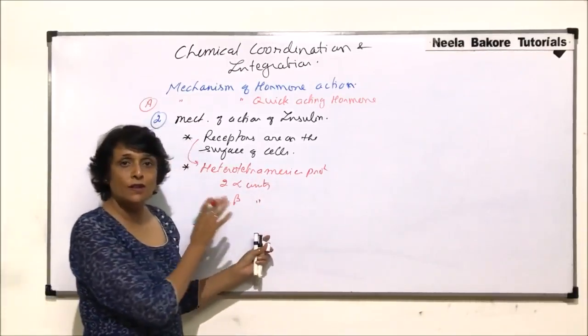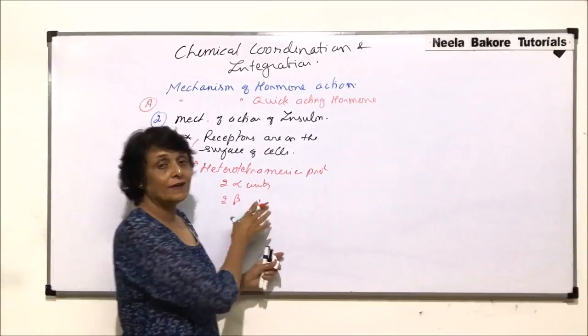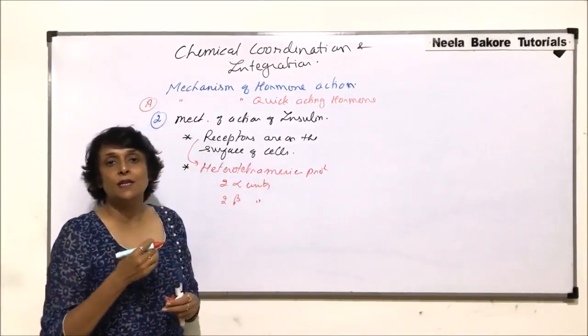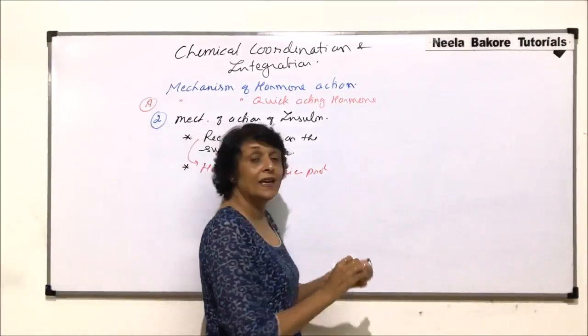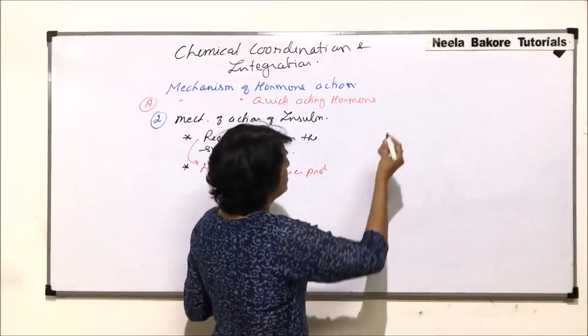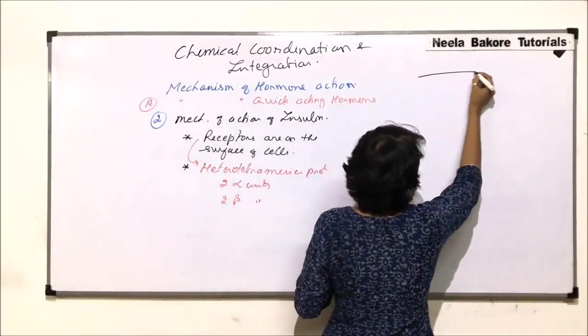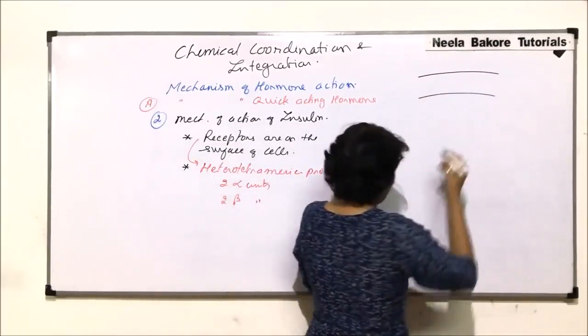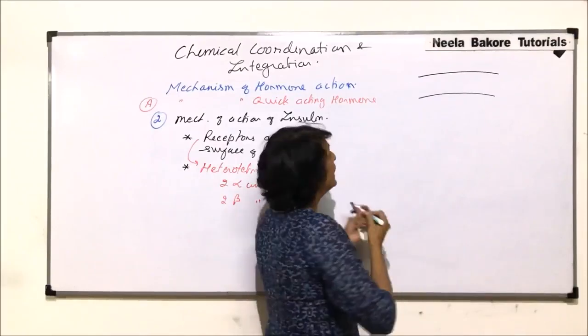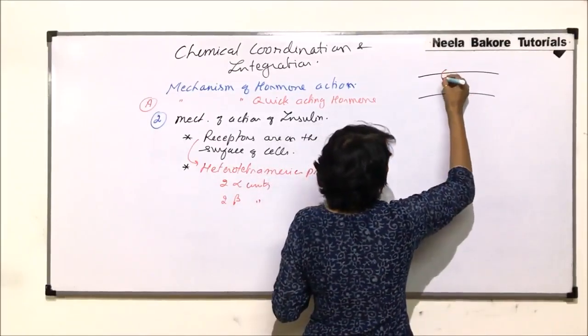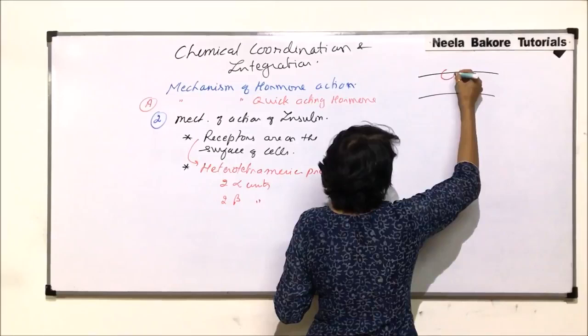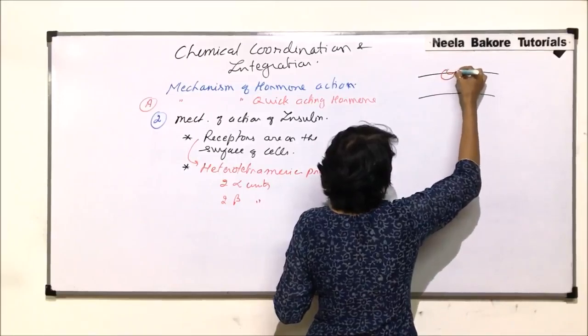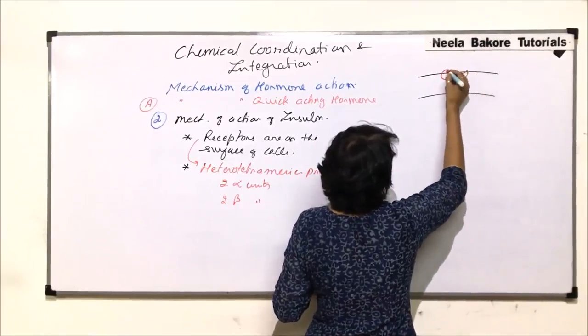So if we draw this structure, we need to understand how this alpha unit and beta units are placed in the plasma membrane. So if this is the plasma membrane that we draw, alpha units are exposed on the outer side and they have the receptor for insulin.